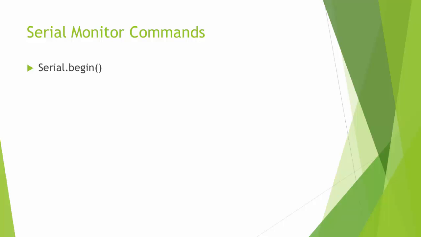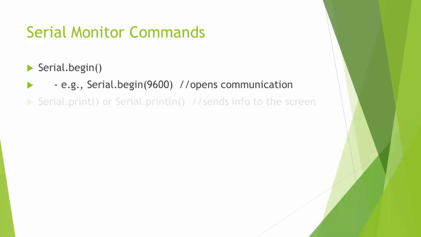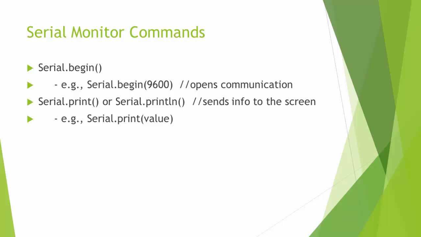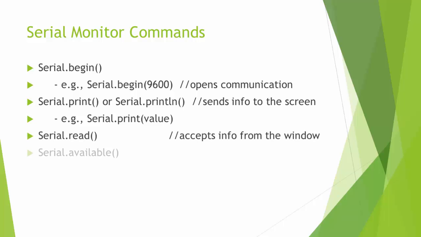There's a Serial.begin command to open communication. We almost always use it in this form, opening communications with 9600 baud rate communication. The Serial.print command, I already alluded to this. This allows us to print to the screen, and we can print variables or strings to the screen very easily.